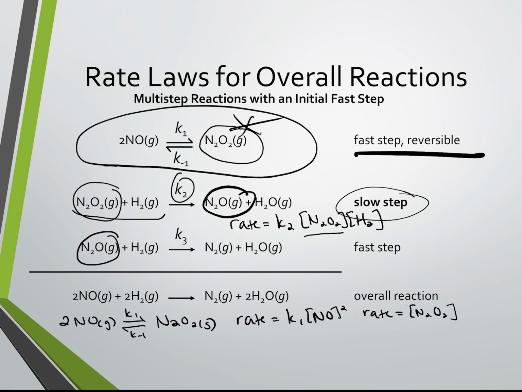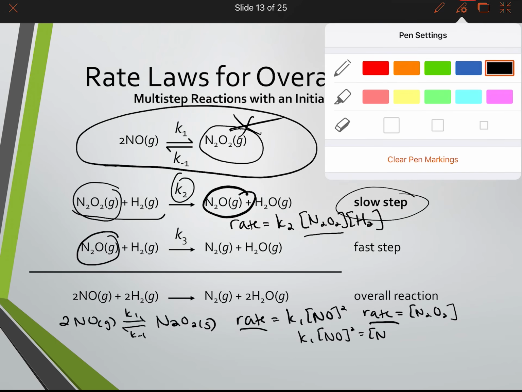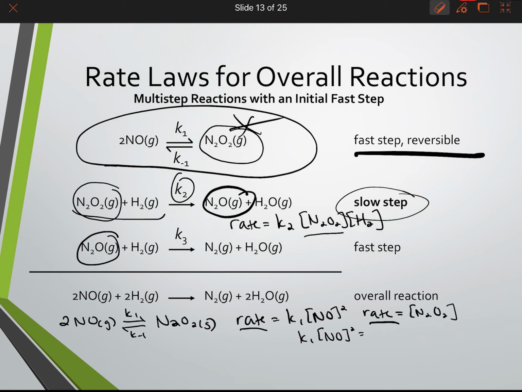We can then set these rates equal to each other, which gives us K1 [NO]^2 is equal to K-1 [N2O2].